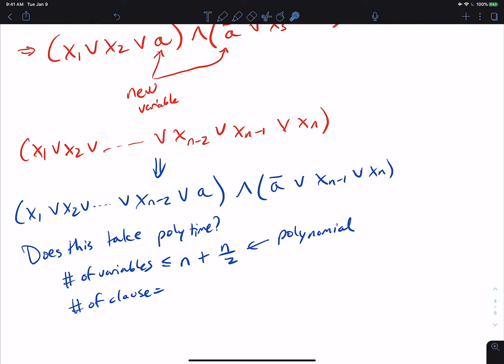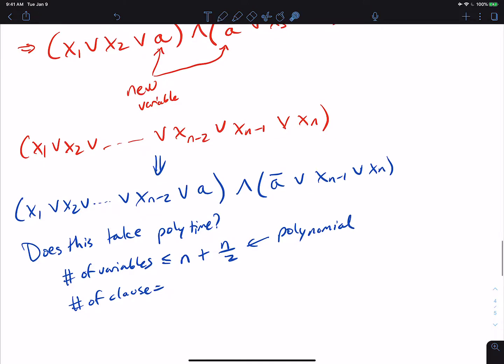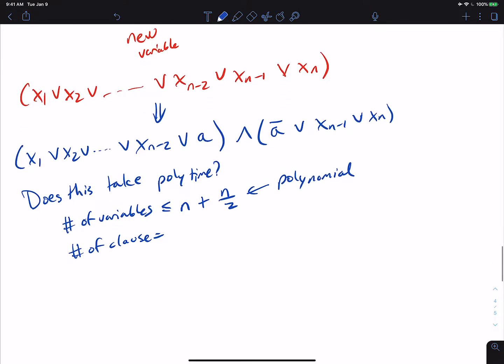At worst, the number of clauses will be multiplied by two at most. It's certainly less than that, but the number of clauses is certainly at most twice the original number of clauses, which is also polynomial.